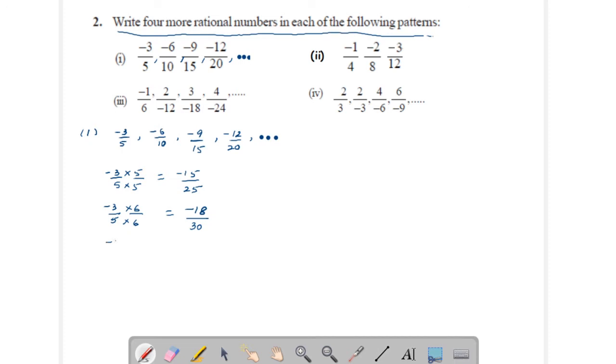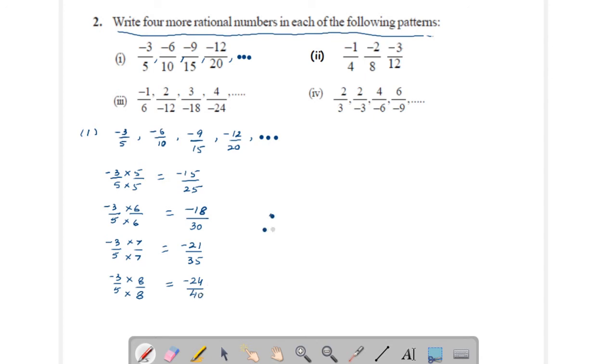Again take minus 3 upon 5, multiply numerator and denominator by 7. We will get minus 21 upon 35. Again take minus 3 upon 5, multiply it by 8, both in numerator and denominator. You will get minus 24 upon 40.